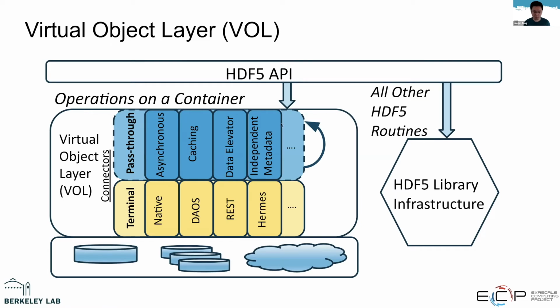I think Quincy mentioned a lot about the VOL infrastructure, so the asynchronous IO VOL would just function as a VOL connector, and by default it will call the native VOL to operate on the HDF5 files, but it can be stacked with other VOLs and then call other terminal VOL connectors.